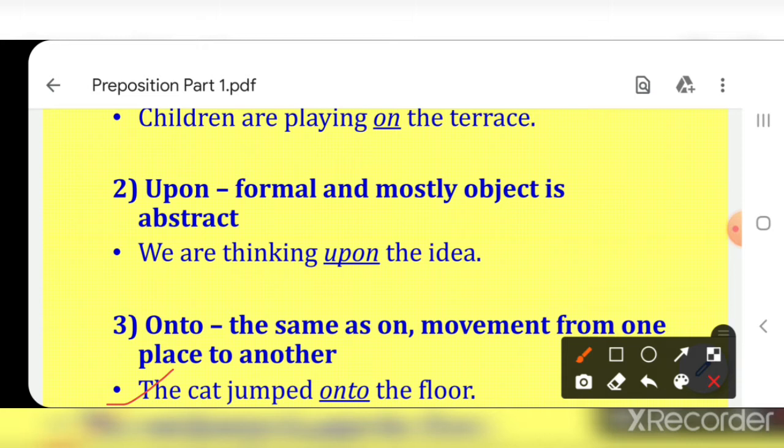But when I say the cat jumped onto the floor, that means there is a movement of a cat from some other surface to the floor, that means to another surface. So to indicate that there is a movement in that particular situation, we use onto.